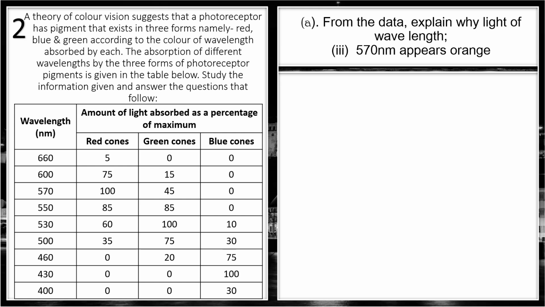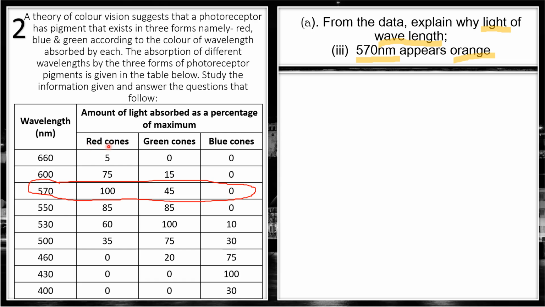From the data, explain why light wavelength of 570 nanometer appears orange. We look at the wavelength of 570 nanometer. They say it appears orange.